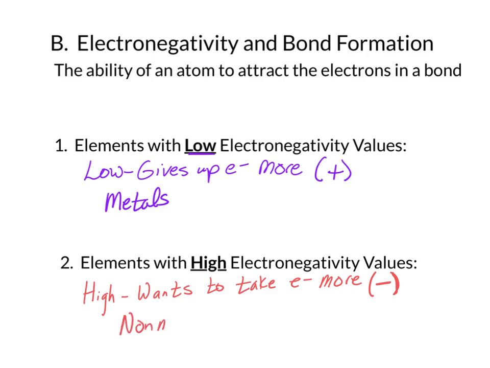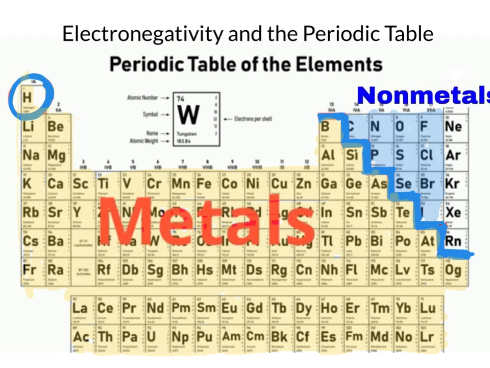Now let's look at the periodic table to give even more detail about how electronegativity changes dependent upon the atom you're looking at. So let's look at electronegativity and the periodic table. We know that metals tend to have low electronegativity and nonmetals tend to have high electronegativity. So we already know that, but let's look at the general trend.